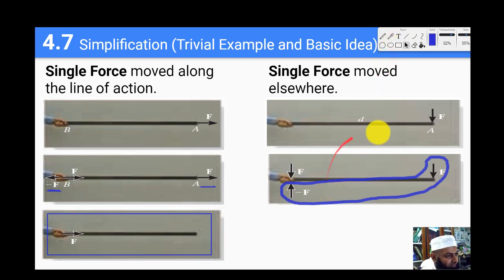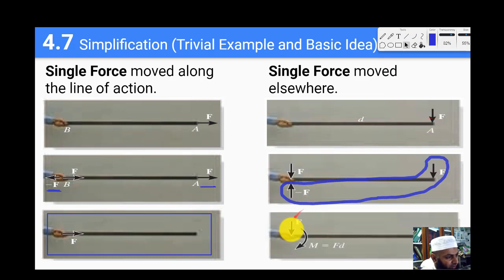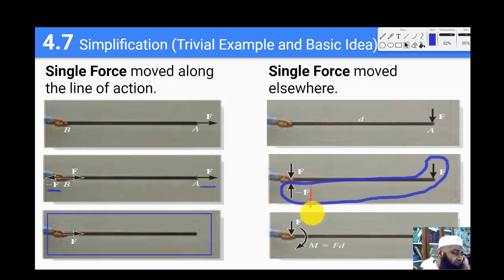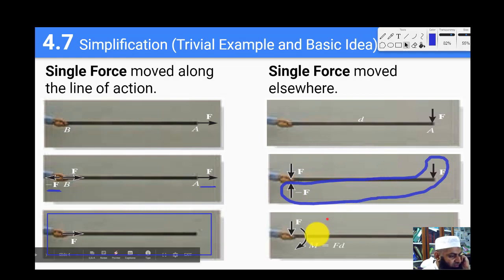So we can say that when we move this force from this point to this point, we get the force itself, but we also get a couple moment which is equal to F times d, where d is the distance of this force being moved, and again because this force is acting downwards and this force is acting upwards, the resultant couple moment is clockwise. That is why we draw this arrow direction, that we have a resultant couple moment which is equal to F times d.